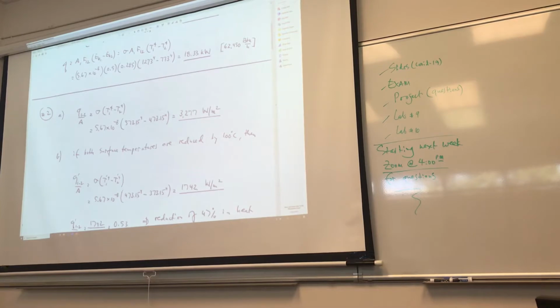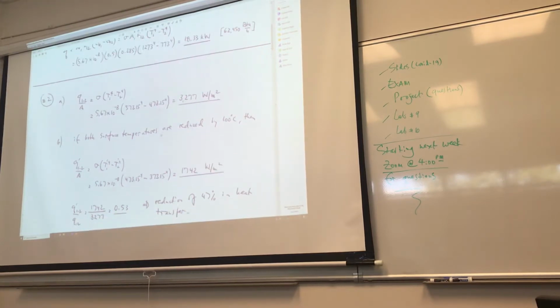Now, if you reduce each of these temperatures by 100, instead of 573 it should go to 473, and instead of 473 it should go to 373. But the equation is exactly the same. If the temperatures are lower, the radiant exchange between the surfaces has to be lower, and in fact, it became 1742.